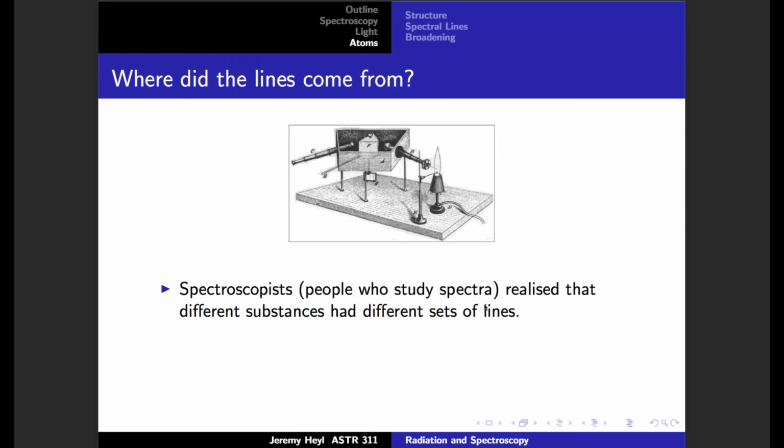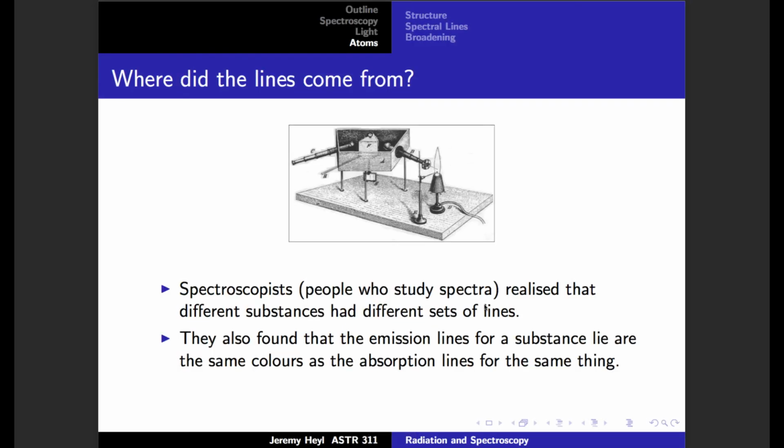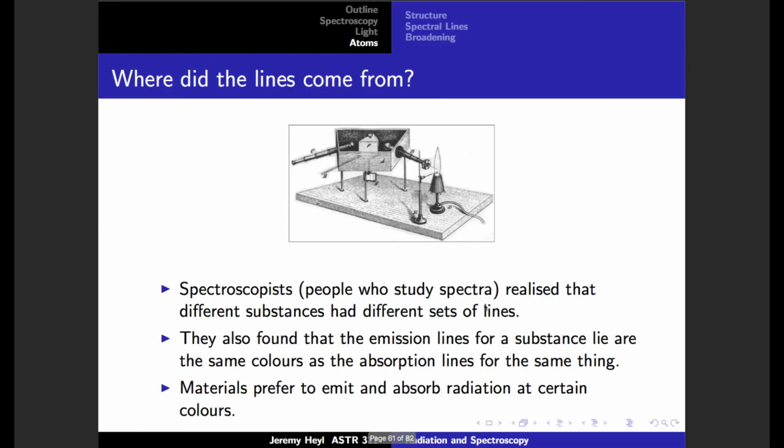So people realized that different sets of materials had different sets of lines, and that the emission lines are the same colors as the absorption lines for the same material. So they concluded, well, materials like to absorb and emit radiation at specific colors.